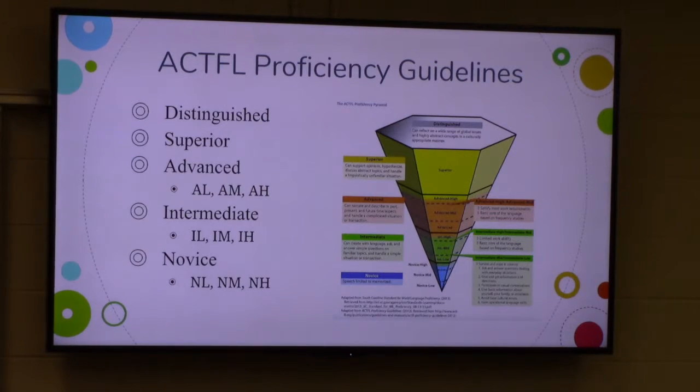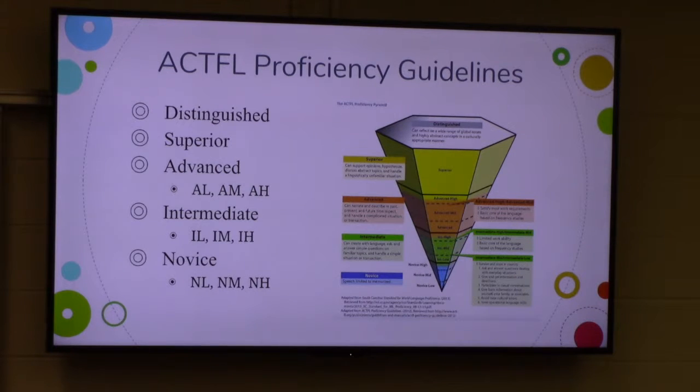ACTFL defines proficiency levels. They divided the proficiency levels into 5 levels: novice, intermediate, advanced, superior, and distinguished. For the novice, intermediate, and advanced levels, they have sub-levels, 3 sub-levels for each level: novice low, novice mid, novice high, intermediate low, intermediate mid, intermediate high, and advanced low, advanced mid, and advanced high.